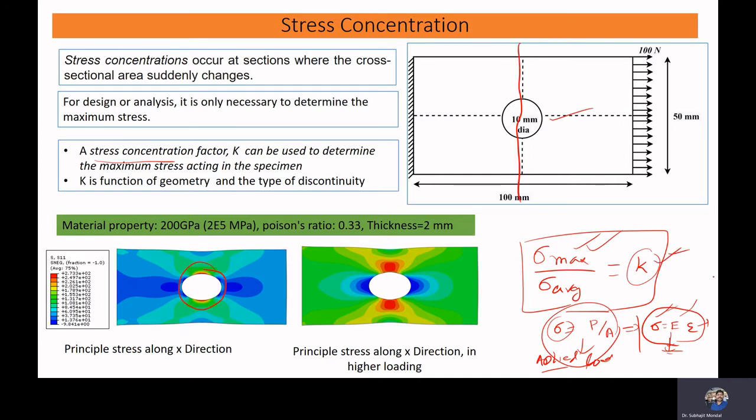So though stress is a function of material property, the stress concentration factor is a function of geometry and the type of discontinuity we have, whether we have a circular hole, an elliptical hole, or a connection like this. Geometry in the sense of how much width of the plate we have, and how much diameter of the hole or cutout we have.